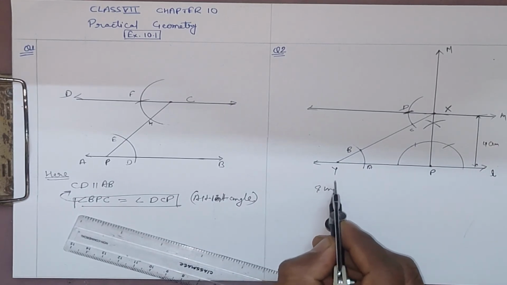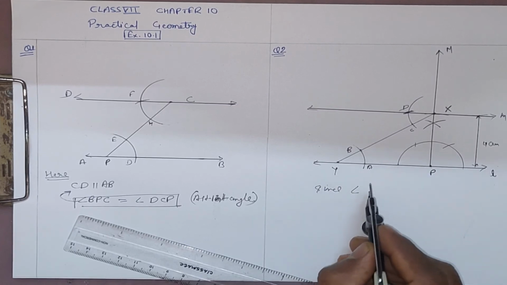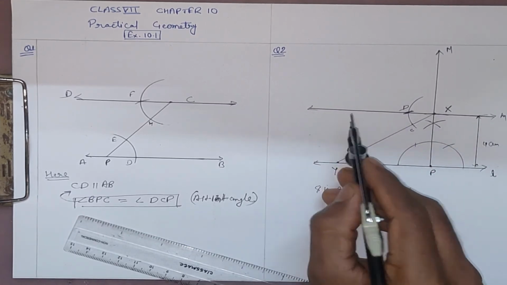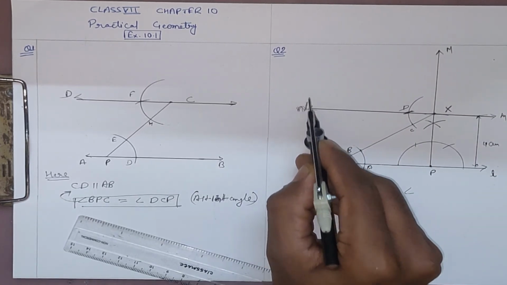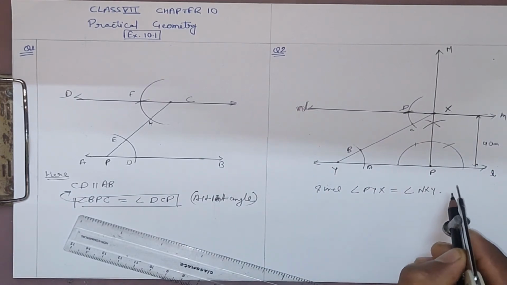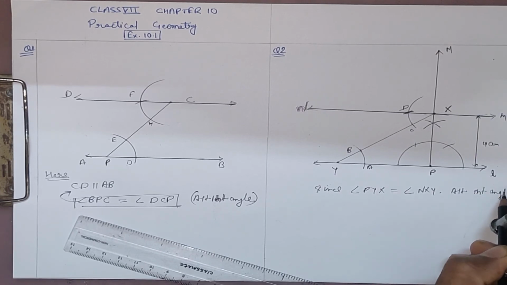And here you write, since angle PYX is equal to angle NXY, by which property, alternate interior angle.